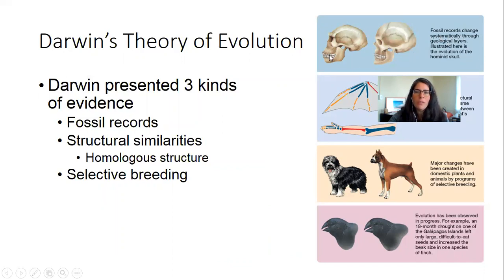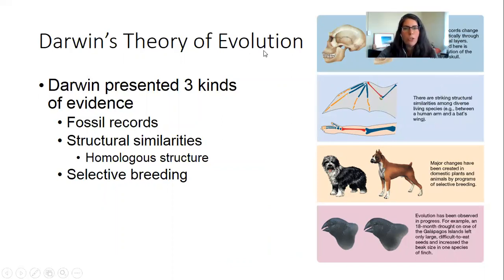And here you can see the shift in the hominid skull over time. And later we'll talk more about the evolution of Homo sapiens, of humans. And we'll talk about that in terms of brain change or brain growth size.